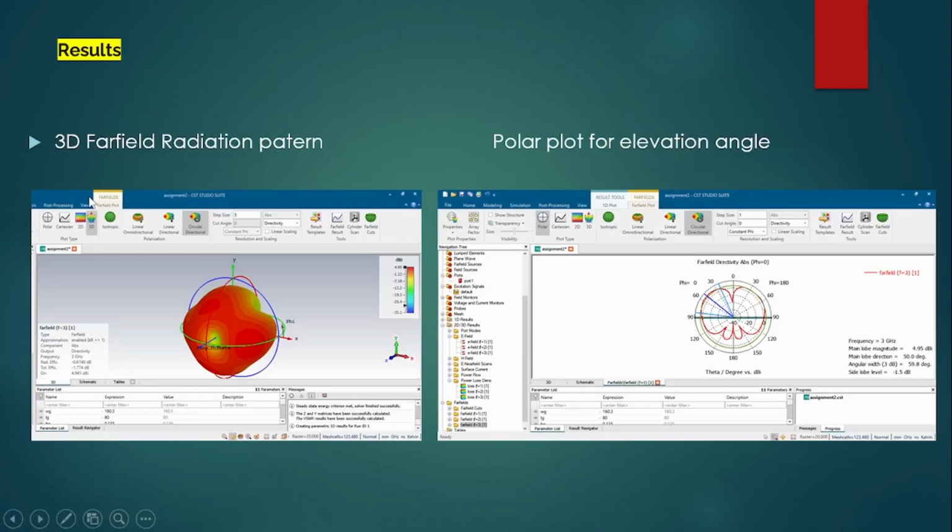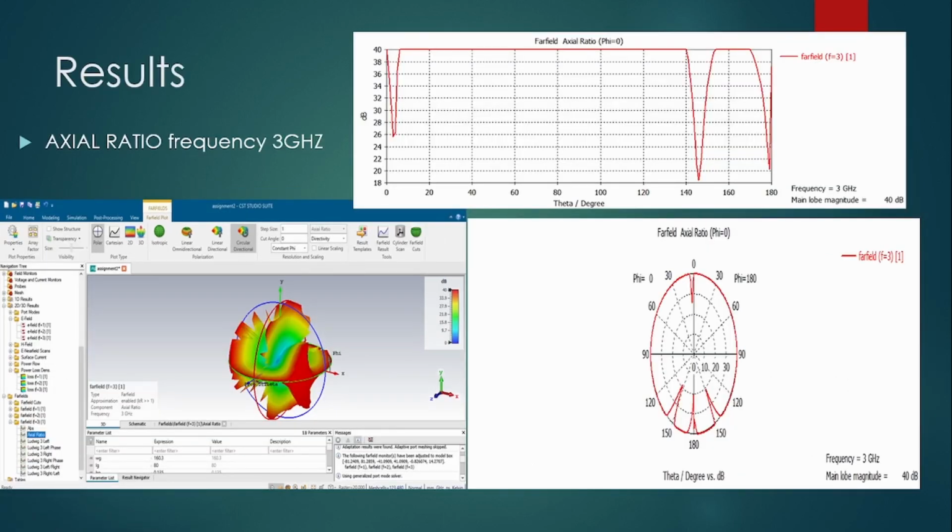The result is like this: the 3D far-field radiation pattern and the polar plot for elevation angle. This is the axial ratio at frequency 3 GHz in 3D, in Cartesian, and in polar.